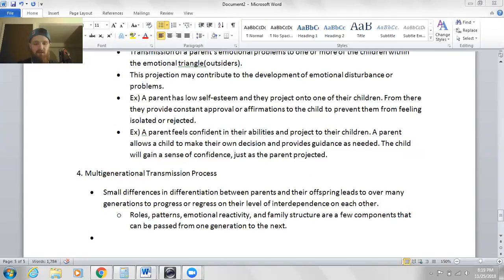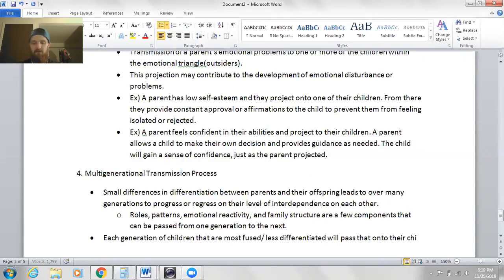So each generation of children that are most fused or less differentiated will pass that on to their children.